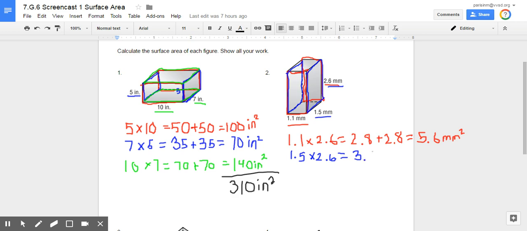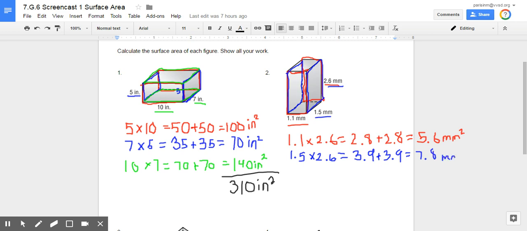Since that only represents one rectangle, we have the same rectangle on the opposite side with the same measurement, so we're going to add 3.9 again. That's going to get me 7.8 millimeters squared.